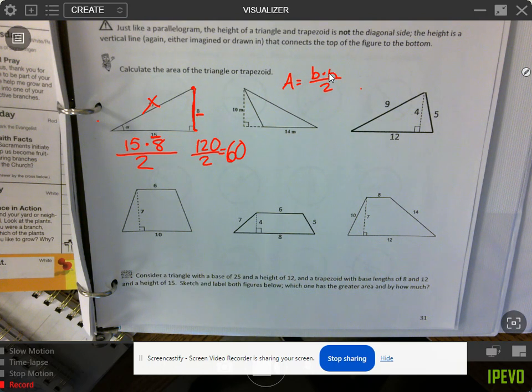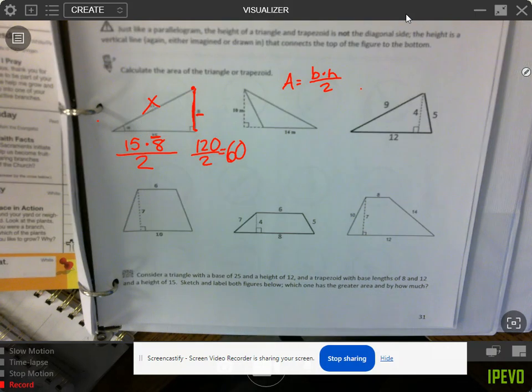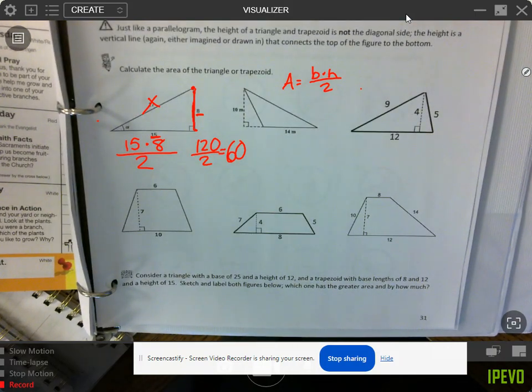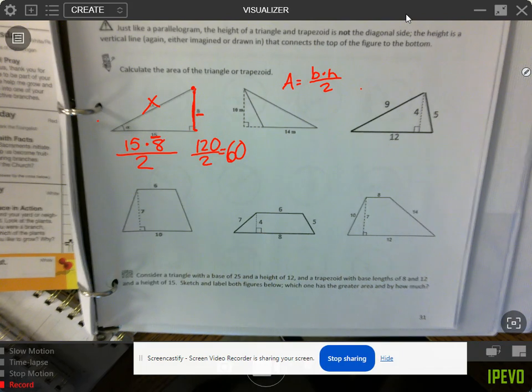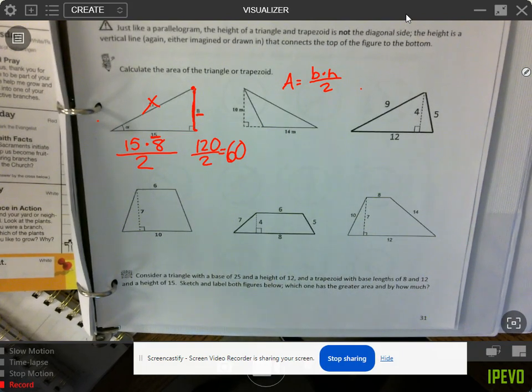So we know it's a half of the base times height, or base times height divided by 2. It's just part of the formula. So the only numbers you have to fill into the formula are the base and the height numbers. So do we do that with every single one? Well, if it's a triangle. So what shape is below the triangle?